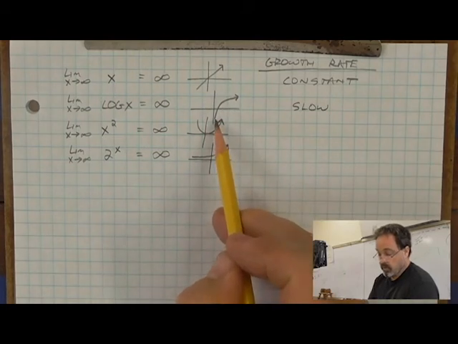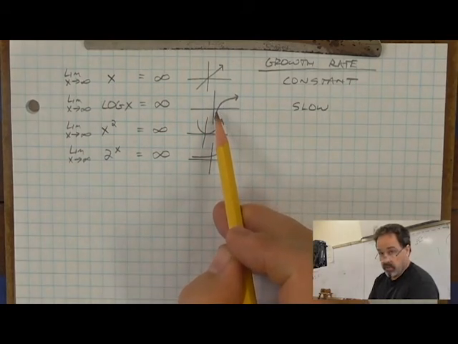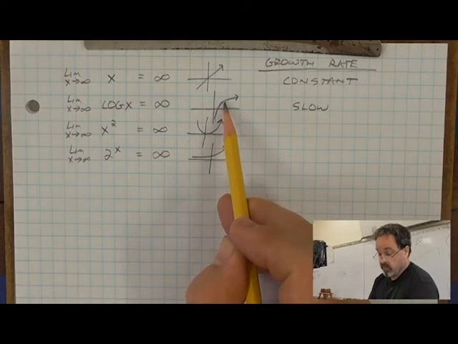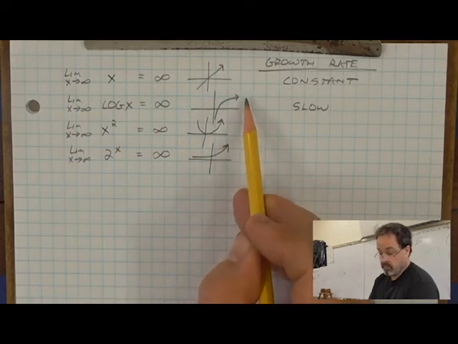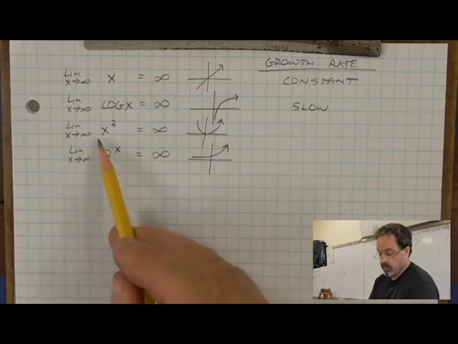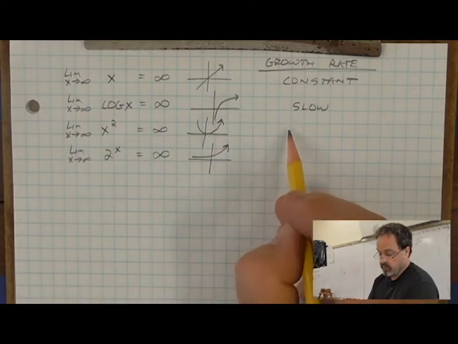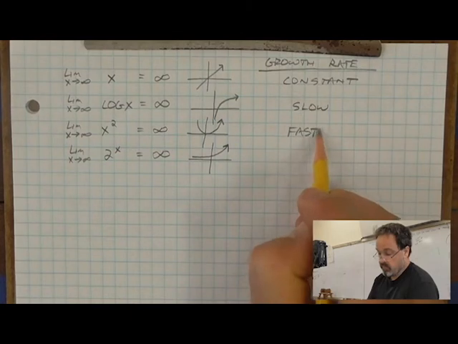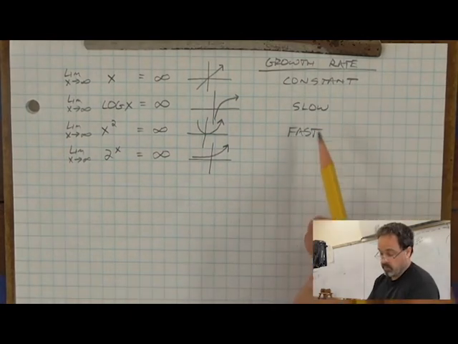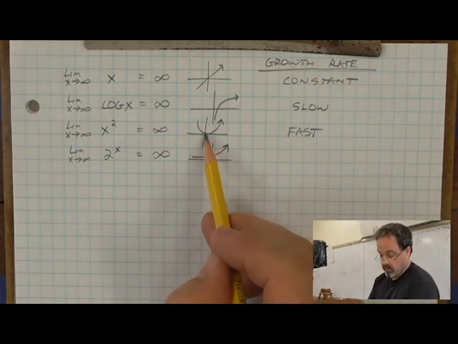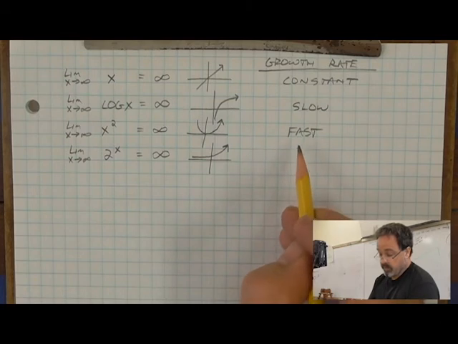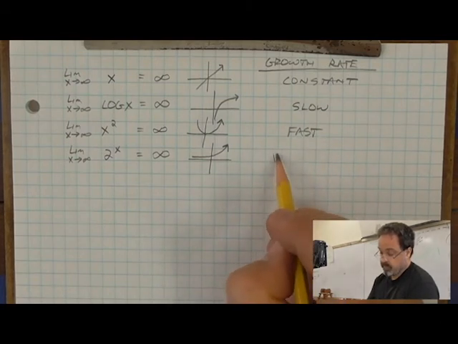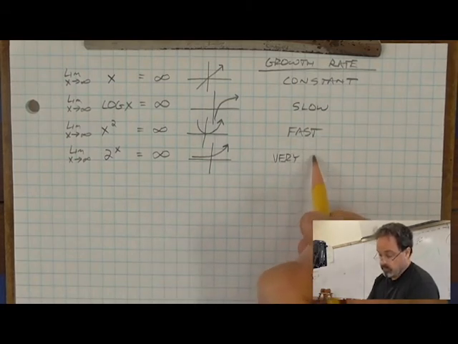Look at what a logarithm does. It grows quickly at first, but it slows down and creeps along compared to the other ones. The growth rate of a quadratic function is fast. This is just a descriptive word to compare it to the others. It grows slowly at first, but it speeds up and it grows very fast. An exponential function's growth is very fast compared to the others.